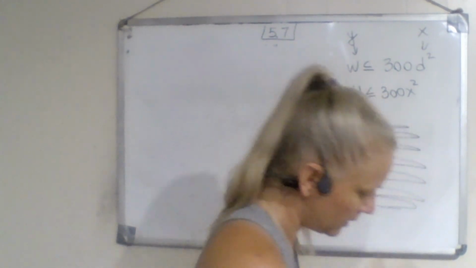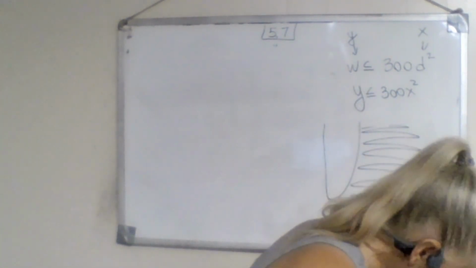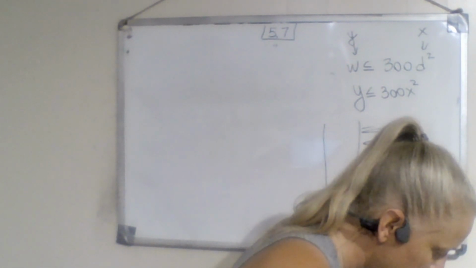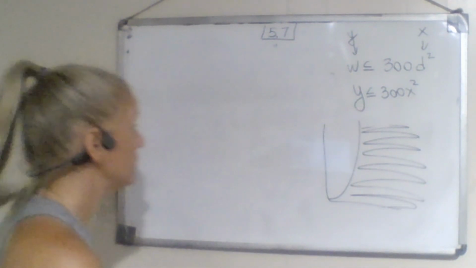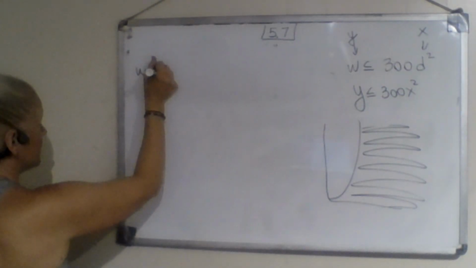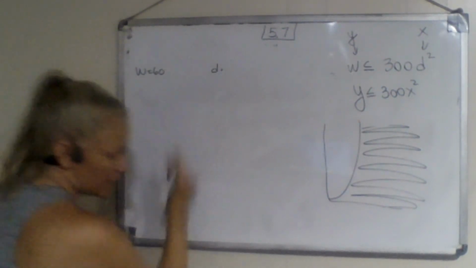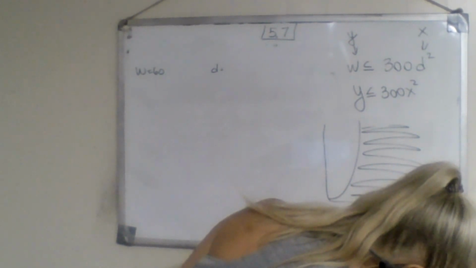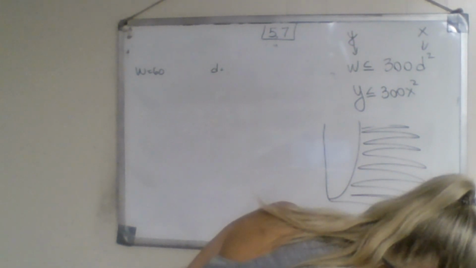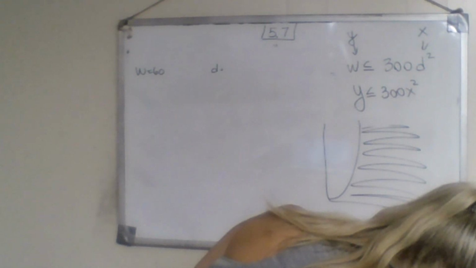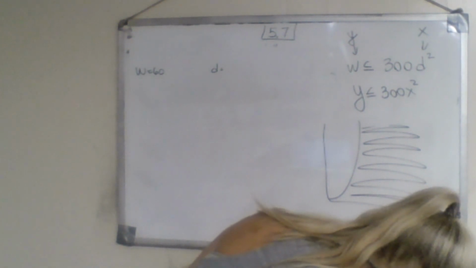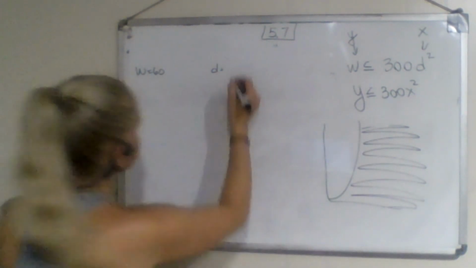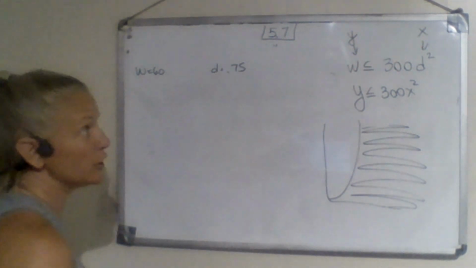It says graph the given inequality with this. It says, if you make each shelf 0.75 inch thick, can it support a weight of 60 pounds? That tells you, if weight is 60 and D is 0.75, you want to know if this checks or doesn't check.